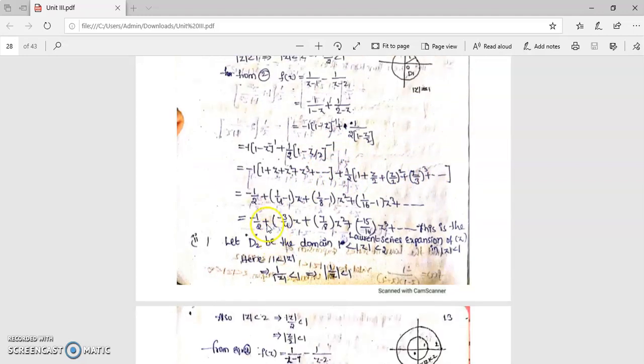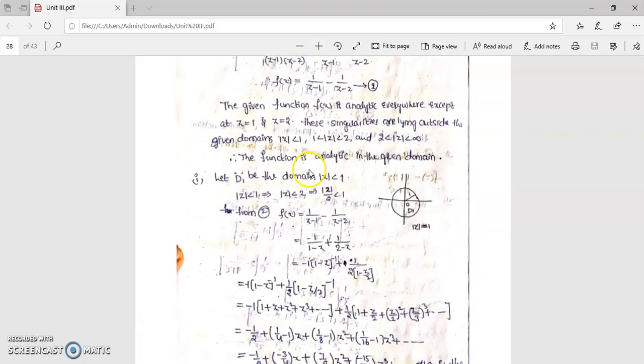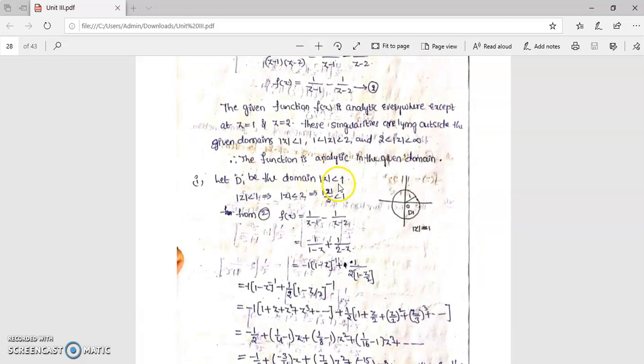And this is the Laurent expansion: -1/2 - 3/4 z - 7/8 z squared, and so on. This is the Laurent expansion of f(z) in the domain mod z less than 1.